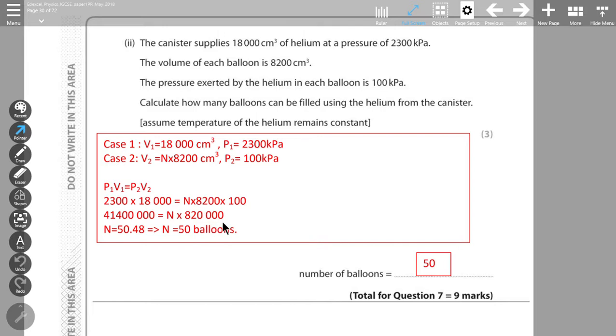The coefficient of n is 820,000. So the product divided by the coefficient, we get 50.82. The matter is that we talk about a whole number of balloons, so we don't talk about parts of balloons. This is why the answer will be 50 balloons.